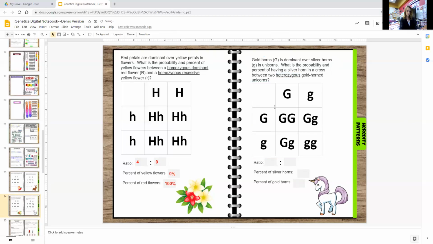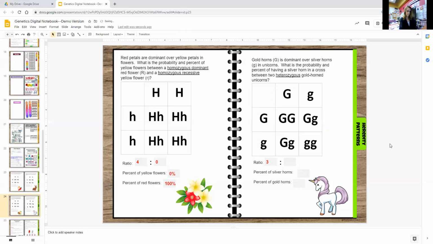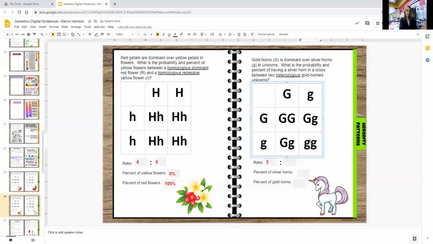Complete the Punnett square. Now, what is my ratio of gold to silver unicorns? Anything that has a capital G in it is going to be a gold unicorn. So I have 1, 2, 3 genotypes that are dominant. So it's going to be 3. And I have 1 genotype that is homozygous recessive, meaning that that is going to be a silver horn.